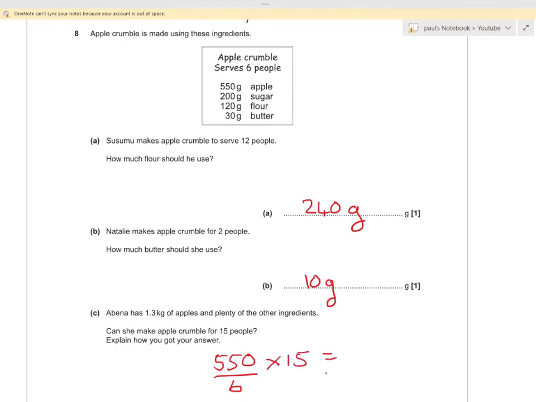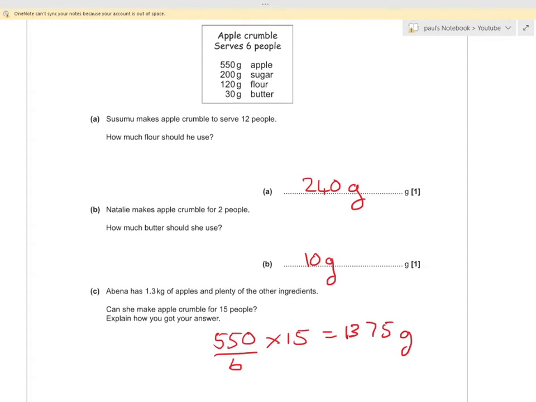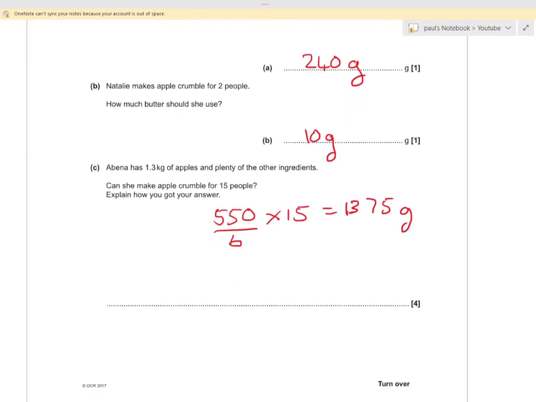So 550 divided by 6 times 15, which means we're going to need 1375 grams. She's only got 1300 grams, so no, not enough.